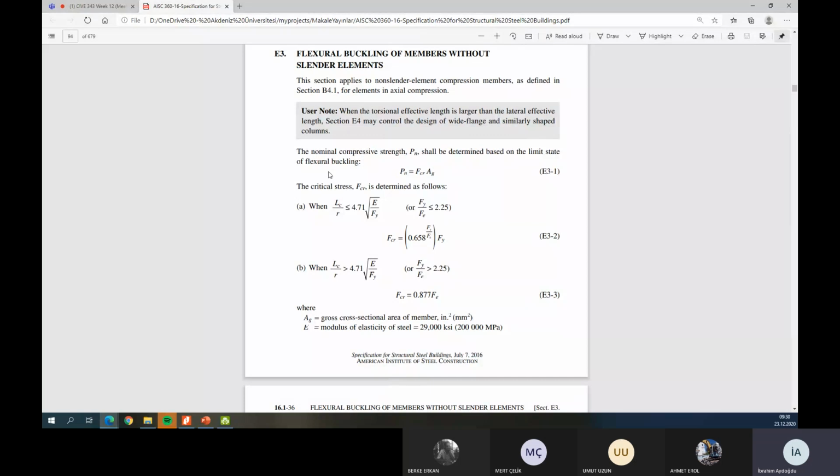About 5 years ago, in the old standard, the formulation was different, but after 2016, we started to use the new specification for steel structures, and the formulation and constants are almost the same as the American standards. Therefore, if you know the American standards, you almost know the Turkish steel design code.